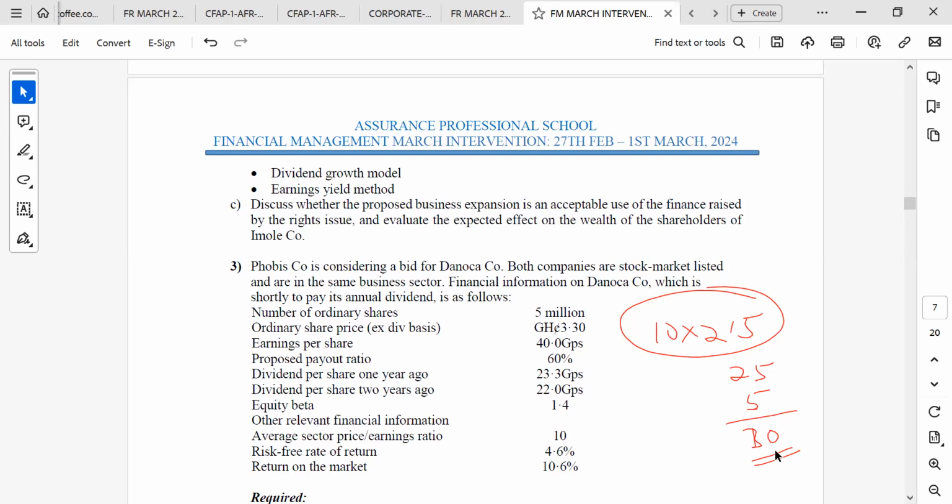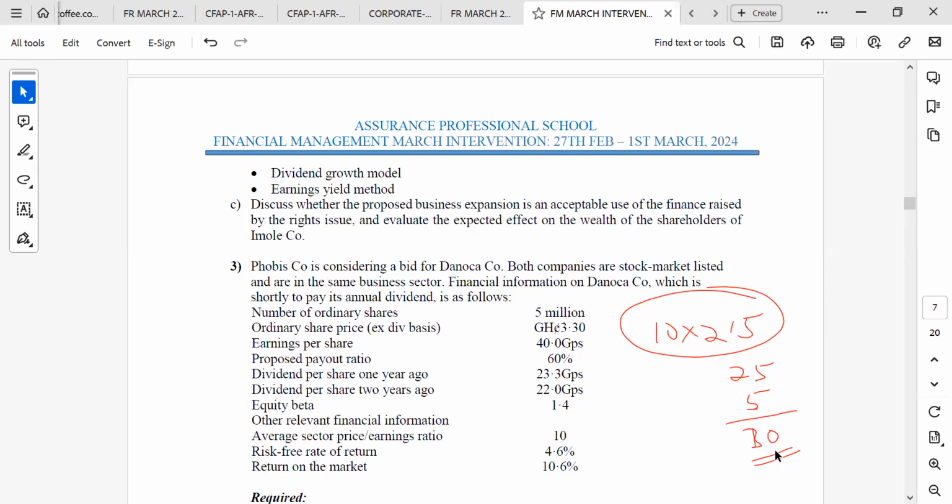But they say you should discuss the proposed business expansion as an acceptable use of the finance raised by the rights issue. They are saying that if the expansion is done, the earnings of the company will continue to grow in that manner. So the investment is going to give a positive return.